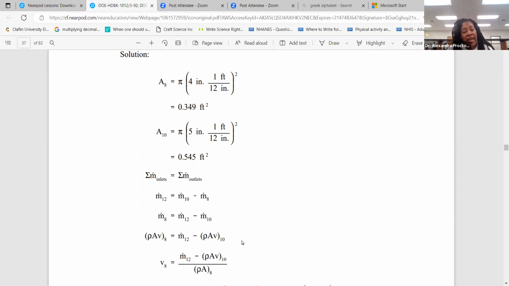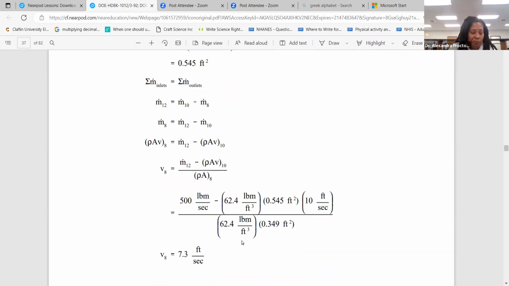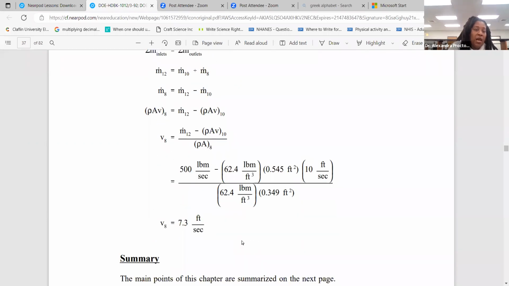And so V8 is equal to M12 minus rho A V for the 10-inch section, divided by rho A for the 8-inch section.